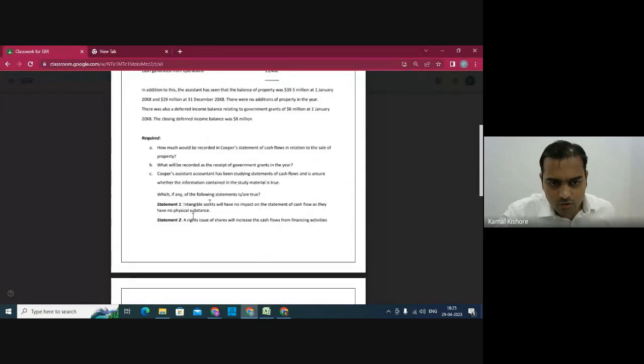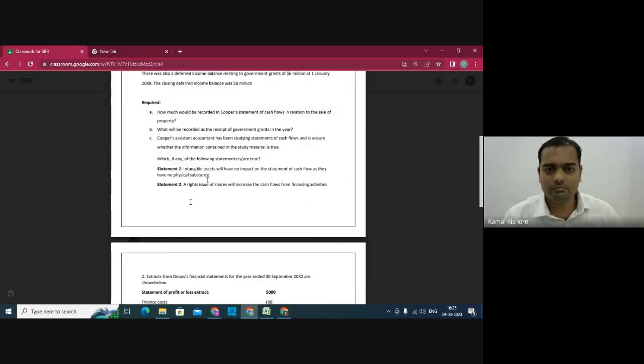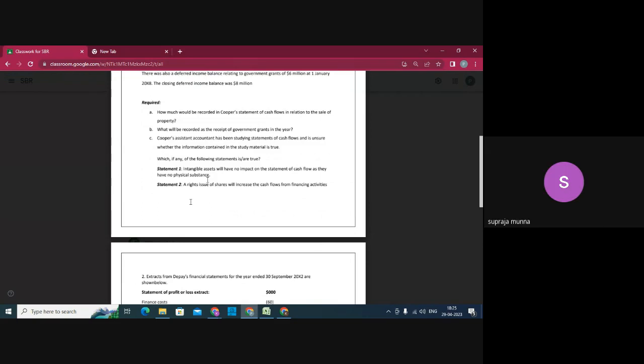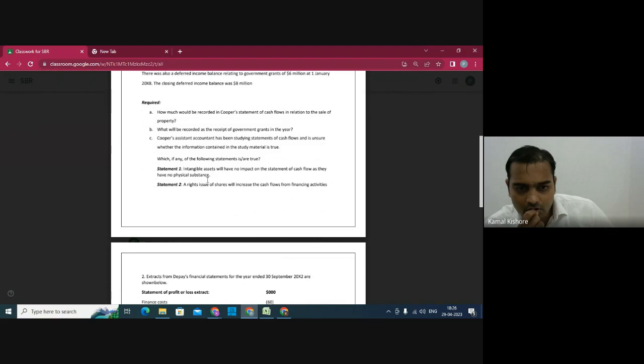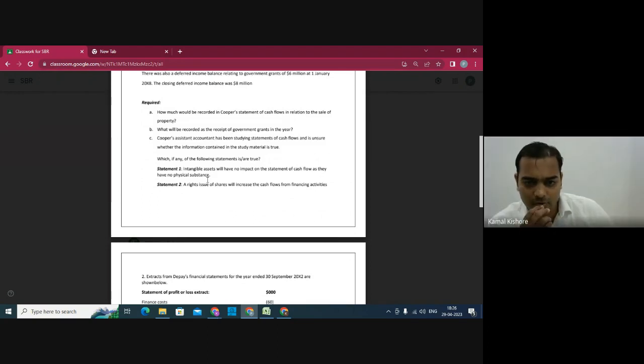Now, can we go through this question? Which of the following statements is true? Intangible assets will have no impact on the cash flows as they have no physical substance. Tangible assets, then how will they have impact?